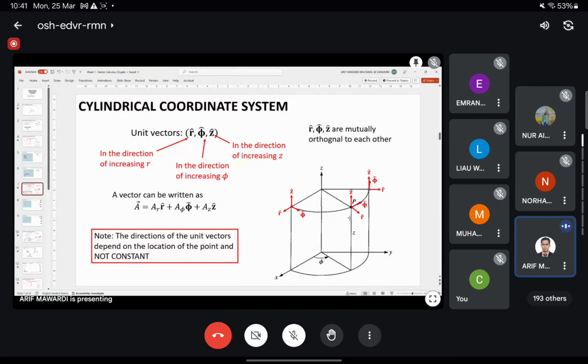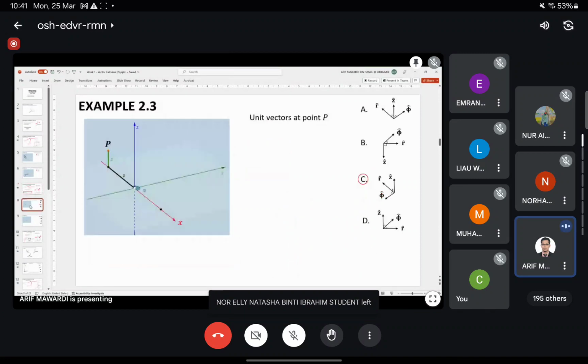To give one example, for this point, you see that r is increasing along this direction. Therefore, at this point, the direction of r hat is in the direction of increasing r. Okay, so we have seen this.